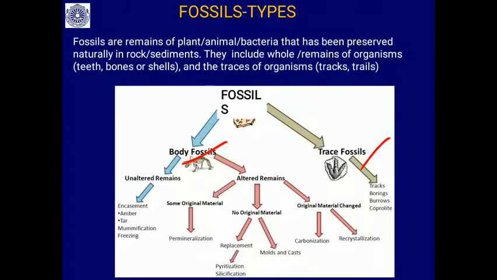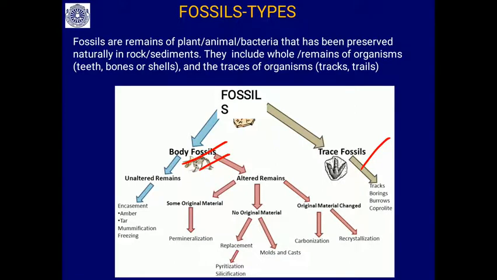Traces of the living organisms include impressions of the living organisms, or the footprints, or the burrows or borings that were made by the ancient animals. So those all belong to the trace fossils.